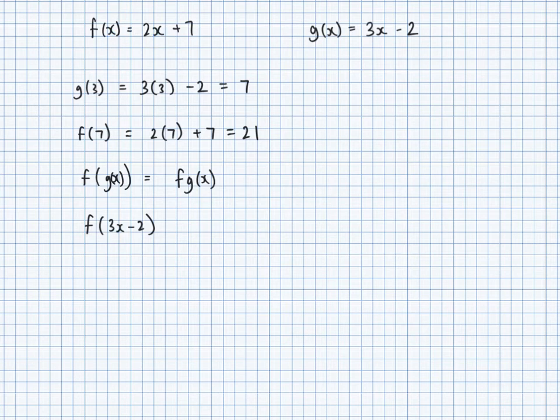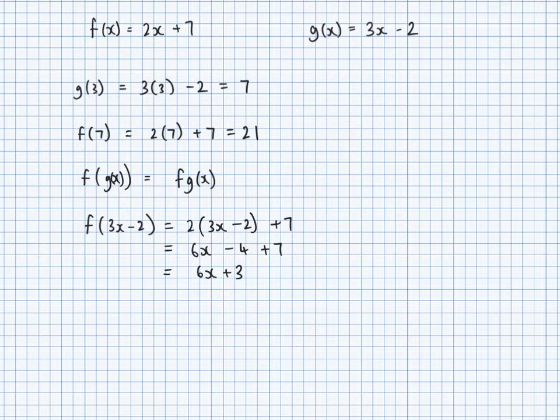so I'm going to replace this x with this. So let's write 2 times 3x take away 2 add 7. Let's multiply out and simplify. This would be 6x take away 4 add 7, and then this is going to be 6x plus 3.